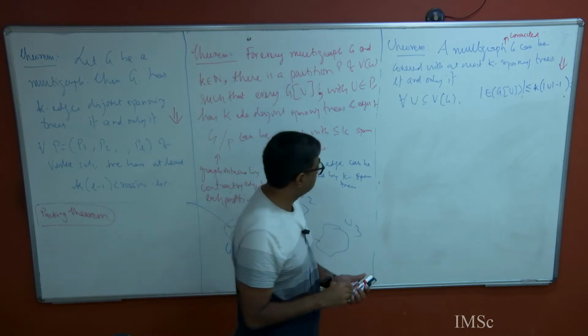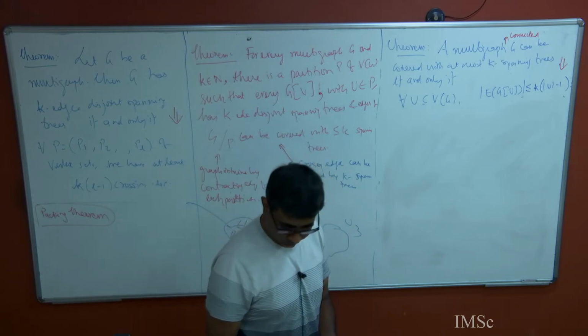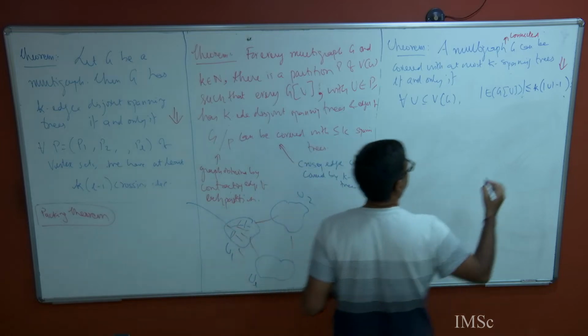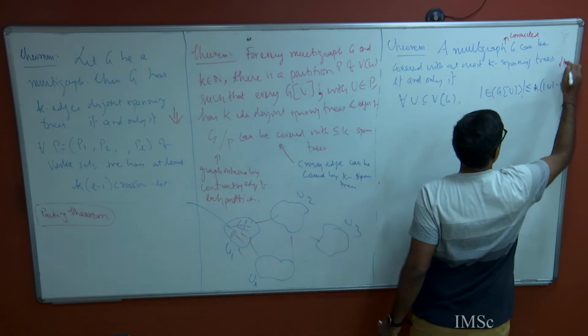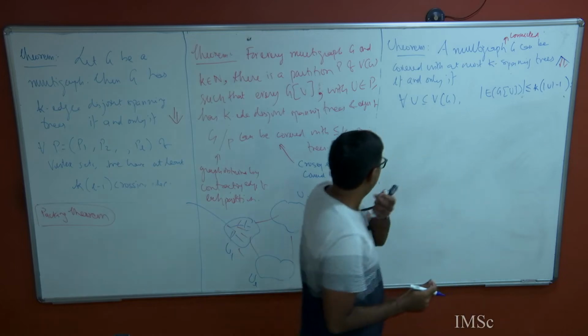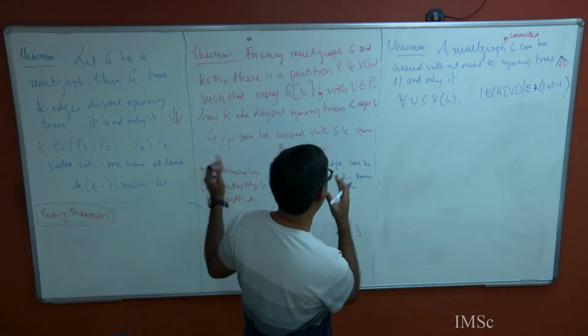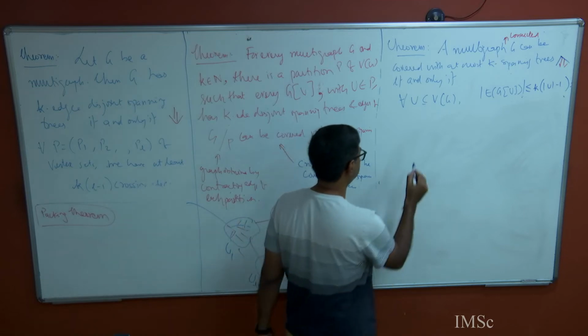Okay, so now what I do is the following. Now we have to prove this direction. So as always, I take G and k, apply this theorem, and get my partitions.